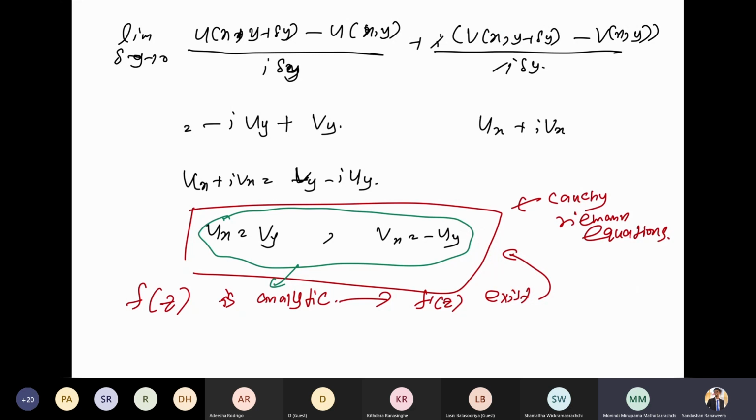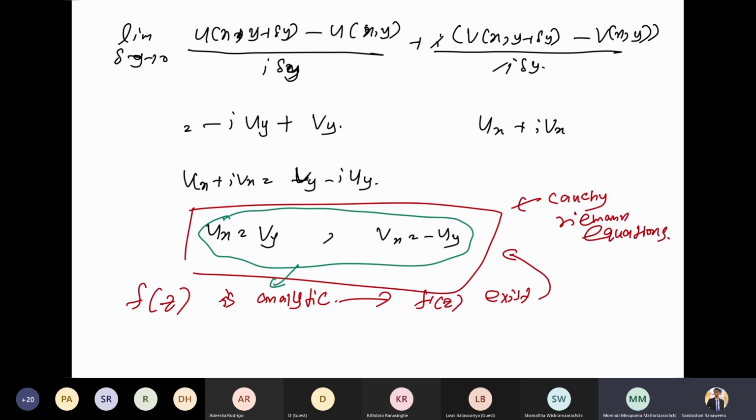I think it is given in your handbook. It means your derivatives are continuous everywhere, and there are some conditions. Except under those conditions, you cannot directly say that if the Cauchy-Riemann equations are true, the function is analytic. Please look at that in your handbook because it is pretty important. Most probably they will give you some functions and ask you to evaluate the Cauchy-Riemann equations, but still it may not be analytic.